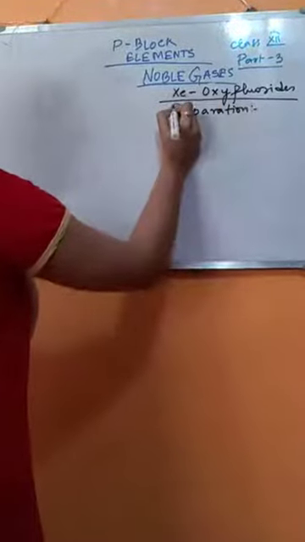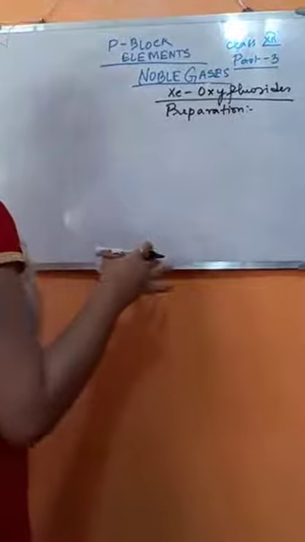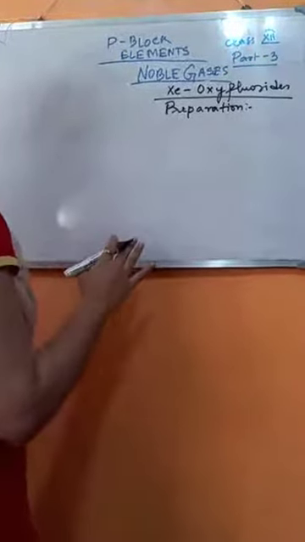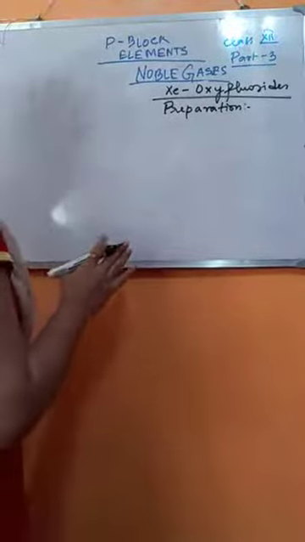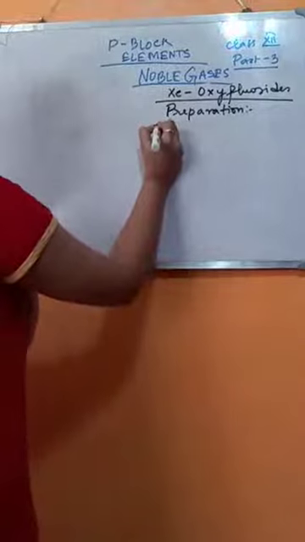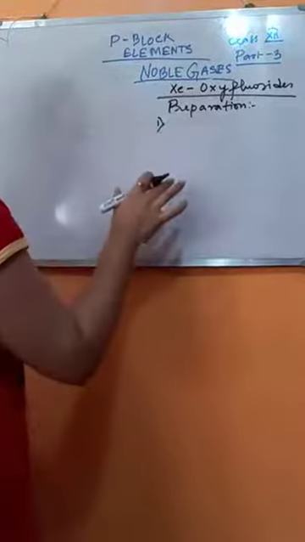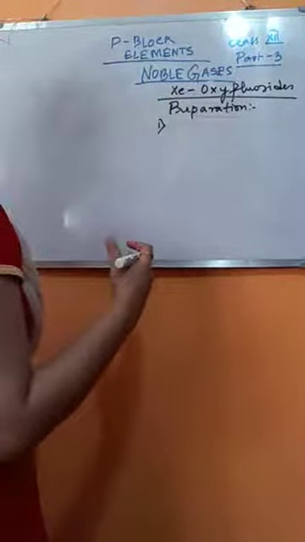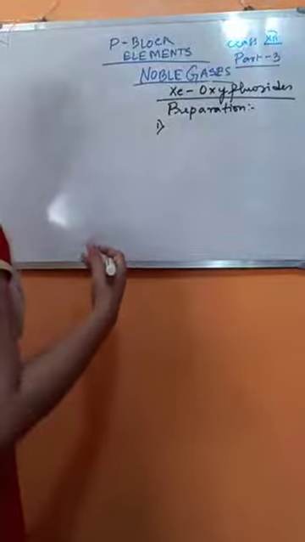For the oxyfluorides, you don't have to show the hybridization for all the molecules. You have to know the hybridization and the geometry of the molecule along with the structure. For two of these molecules, you have to show the entire process. But for the others, just the geometry, hybridization and structure are important.